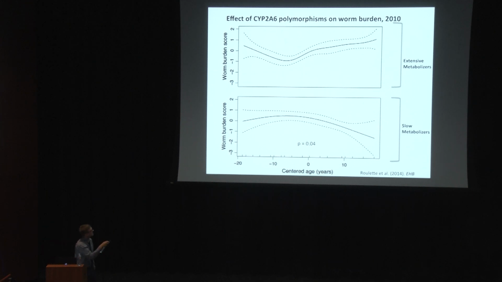But that effect did not stay true for older ages or younger ages. And it was independent of the amount of toxin in their body. So really it was just being a slow metabolizer predicted less infection.